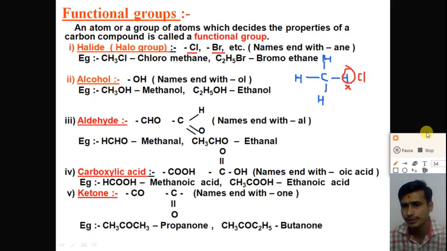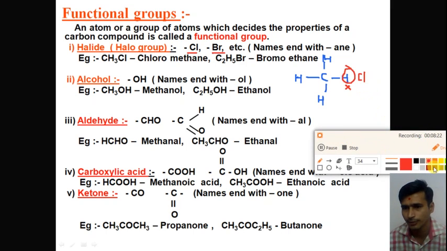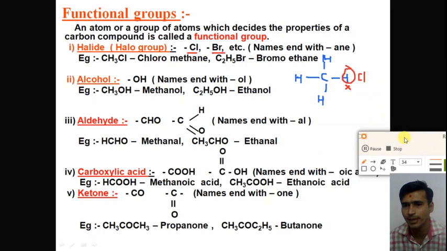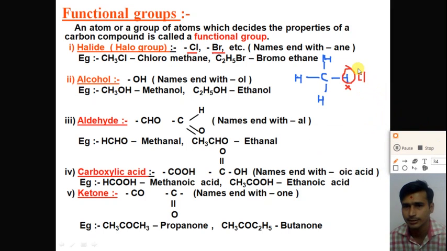Understand? Instead of this chlorine atom, if we take a bromine atom, instead of this hydrogen we place a bromine atom, its name ends with bromomethane, right? Understand, dear student? So the molecular formula CH3Br is bromomethane.